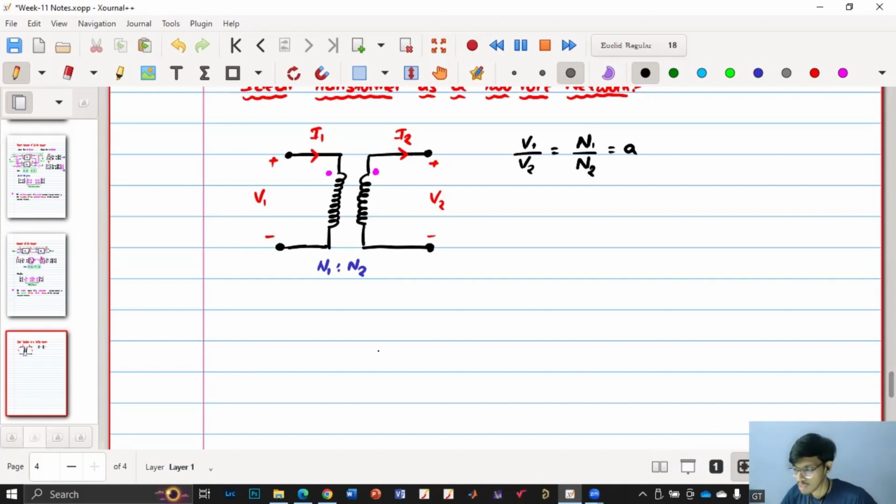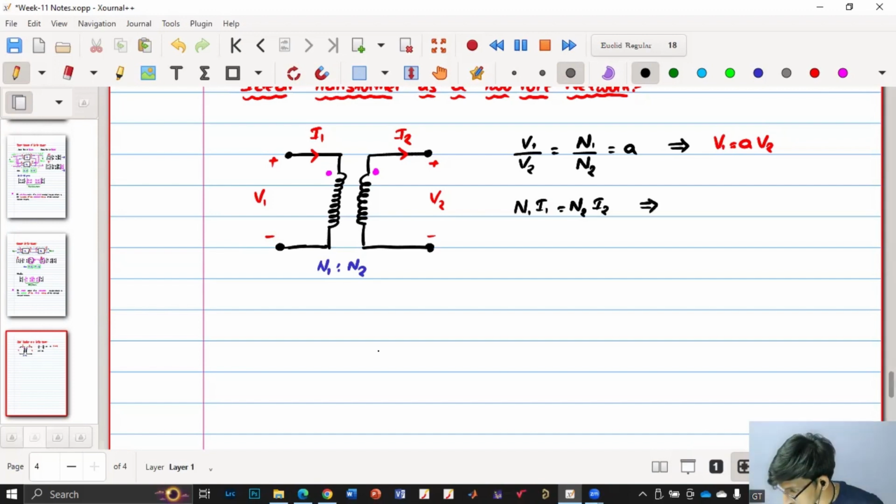So now we can get V1 equal to A into V2, right? So we are getting V1 is equal to A into V2. Similarly, we can get N1 I1 equal to N2 into I2.